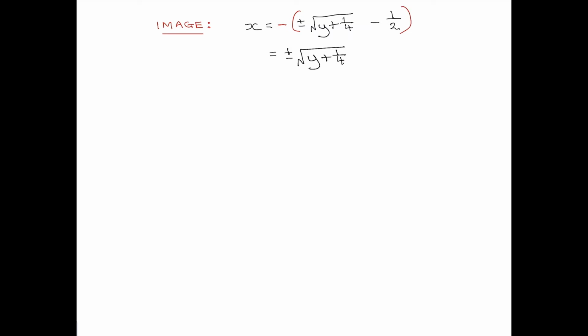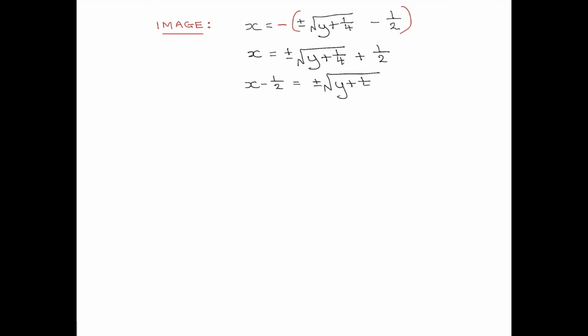And for the next term, we have a negative times a negative makes a positive, so plus 1/2. Now rearranging the equation to make y the subject, we have x minus a half equals plus or minus the square root of y plus a quarter.